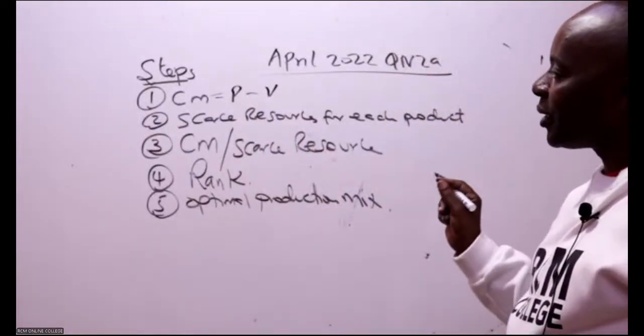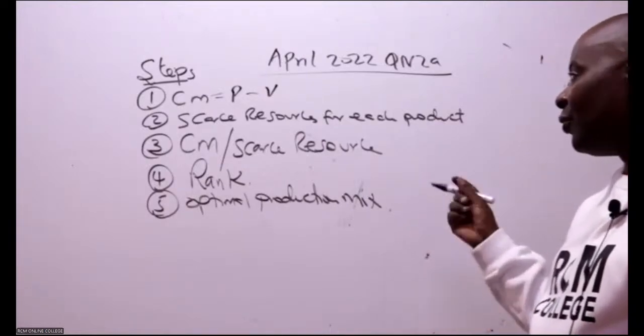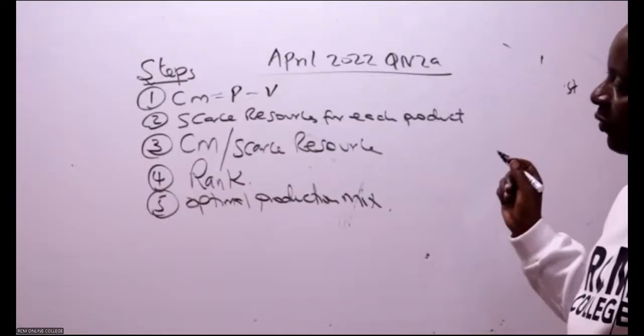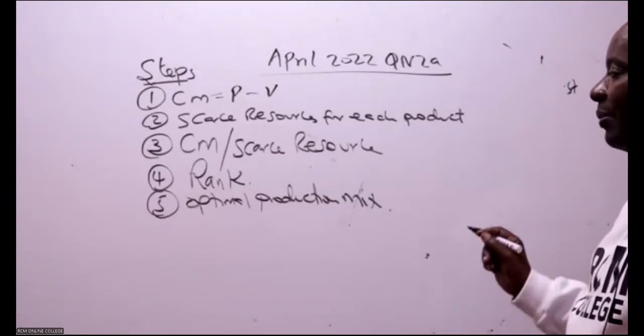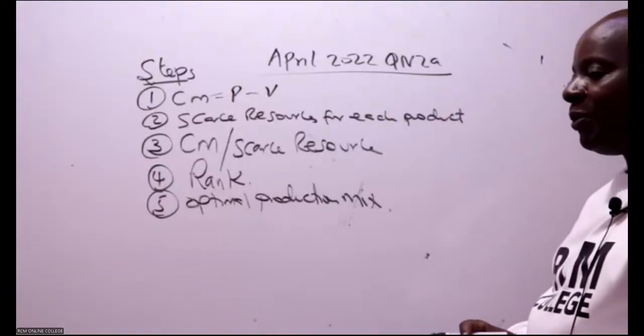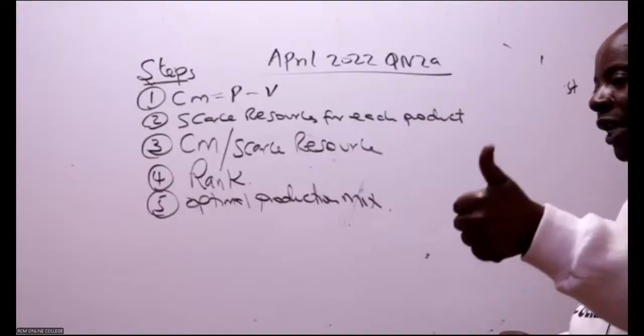Step 2, scarce resources per unit, or rather for each product. Then you give us a very important quotient, CM per scarce resource, you rank, and then number 5, lastly, you give us the optimal production mix. Have you finished writing this?